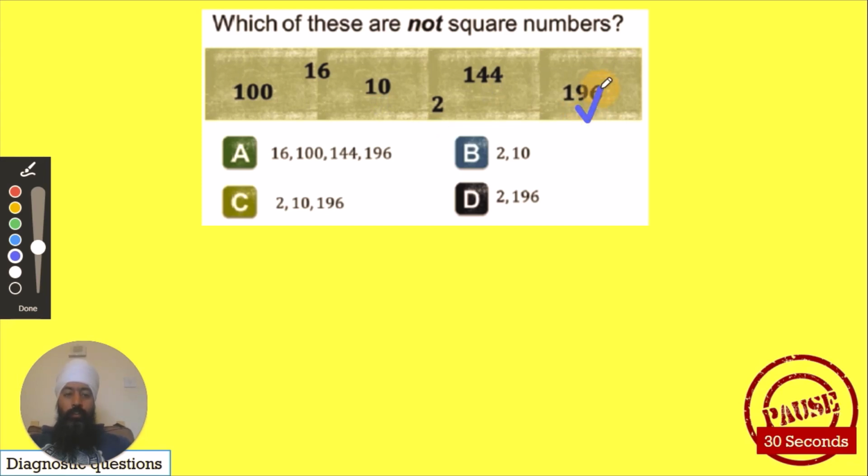And 196 is also a square number, 14 times 14. So the 2 numbers that are not square are 2 and 10. Therefore the answer, which of these is not a square number, is B.